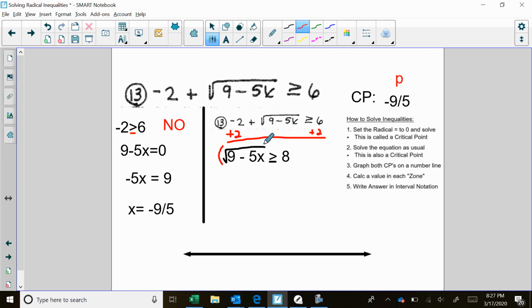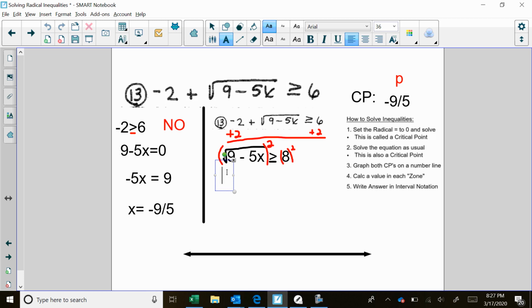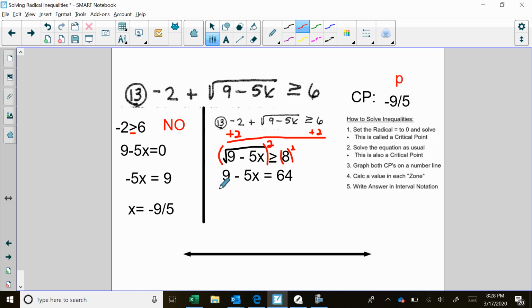Square both sides. 9 minus 5x equals 64. 8 squared, 64.